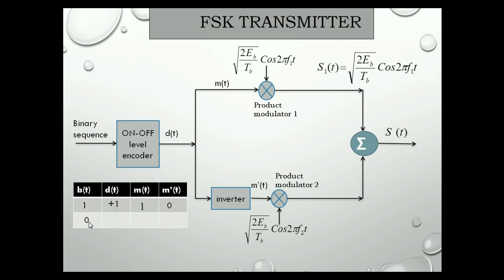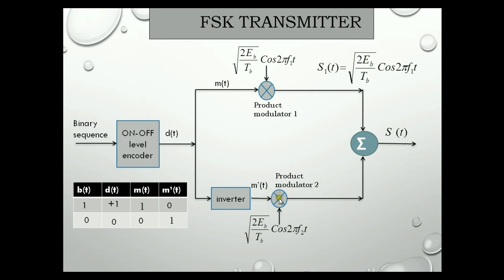Whenever we are transmitting a binary 0, the on-off level encoder will convert this into a 0 itself. So the value of m(t) will be 0 and the output of product modulator 1 for binary data 0 will be 0. Whereas this is applied to the inverter in order to generate m'(t), where m'(t) will be equal to 1.